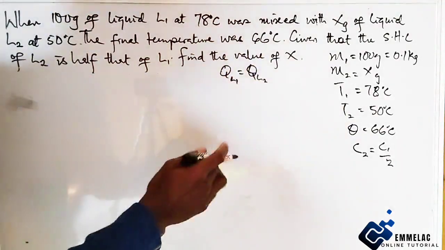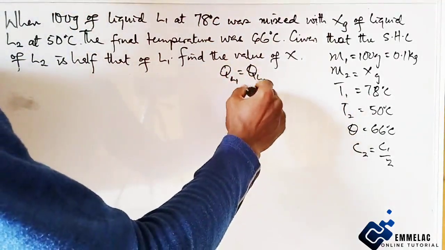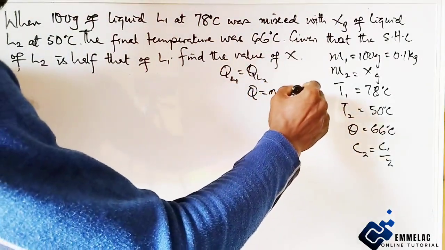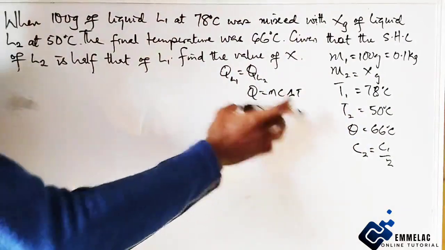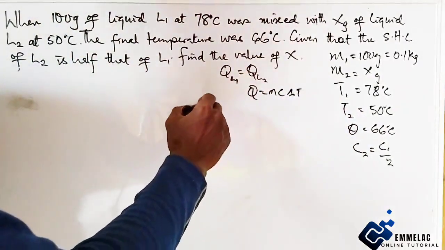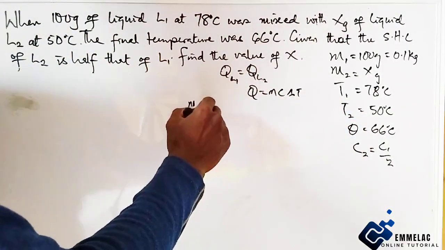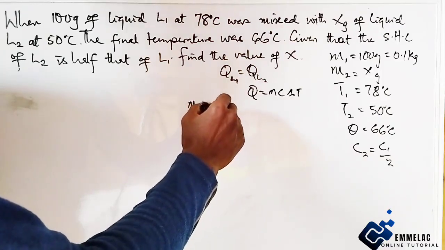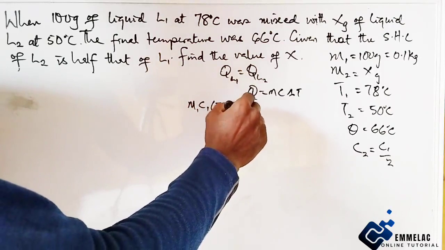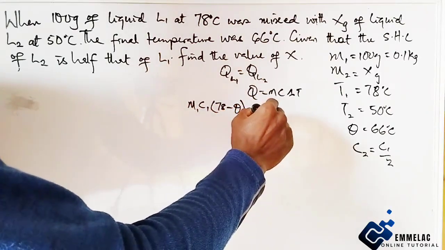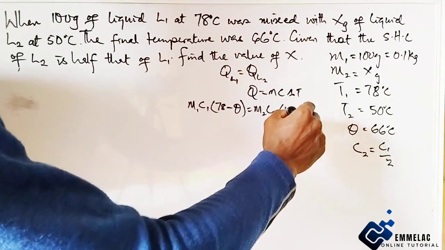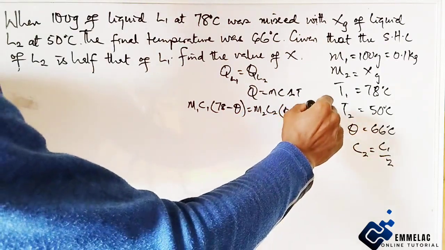All right, so implementing the formula, we know that the quantity of heat is given as the product of the mass times specific heat capacity times the change in temperature. Implementing this, we now have M1 C1 times 78 minus the final temperature equals M2 C2 times the final temperature minus 50.